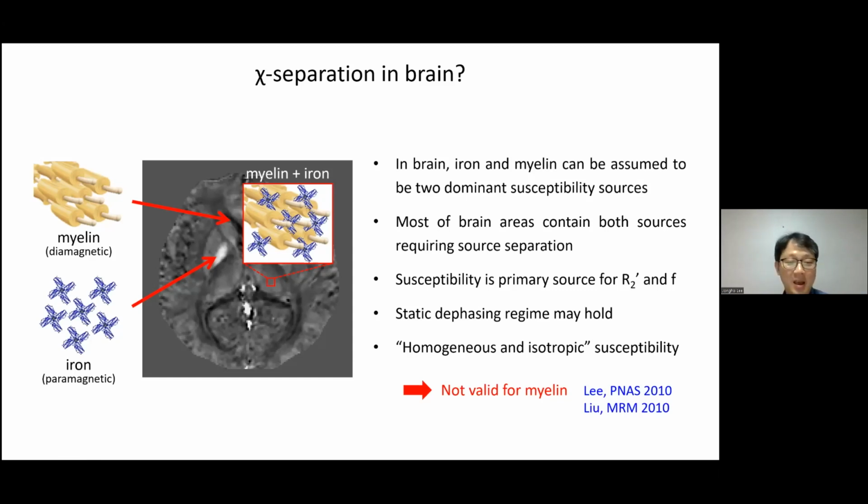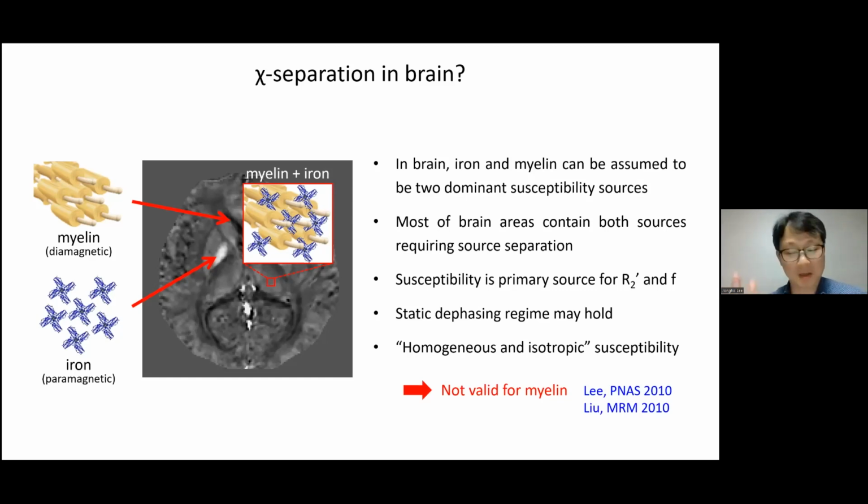We know that iron, like ferritin, has a roughly spherical shape, and its diameter varies from one to another, but within certain ranges. Comparing that to myelin susceptibility, which has molecular as well as microstructural shape, it is elongated structures in both ways. So they are not exactly homogeneous or isotropic, and in myelin we know there is also susceptibility anisotropy.